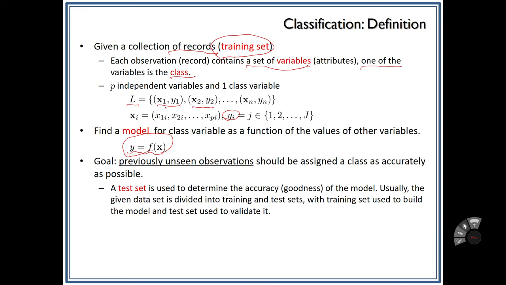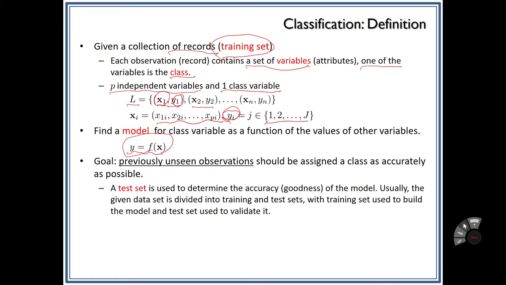So it has x values and a y value. And x consists of p values, in the case of p independent variables, p x variables. The other one is one class variable, which is the y variable, and y takes a discrete value.